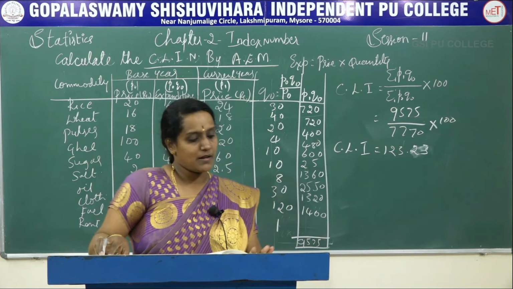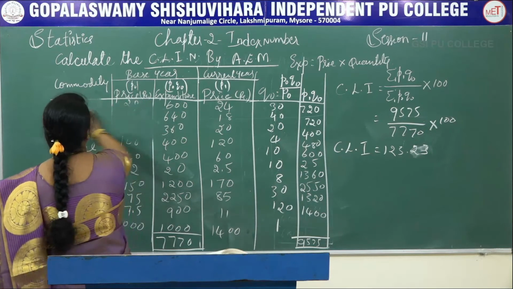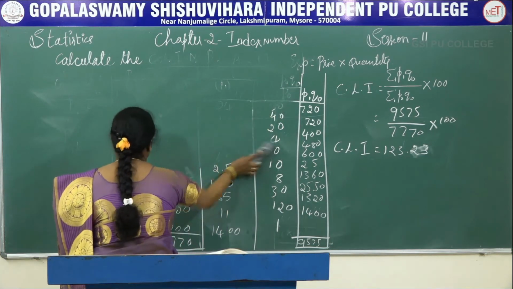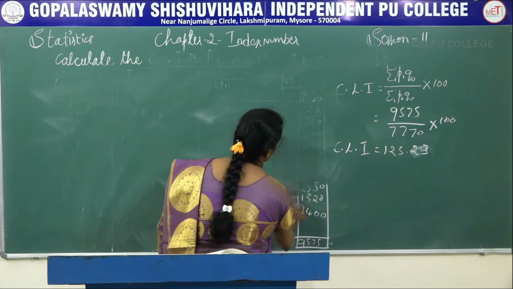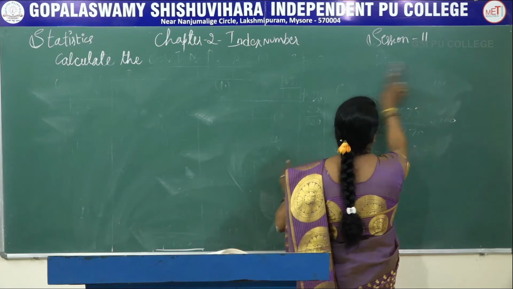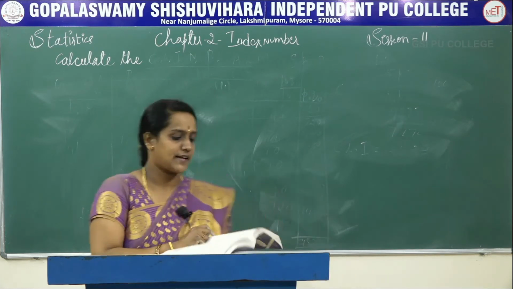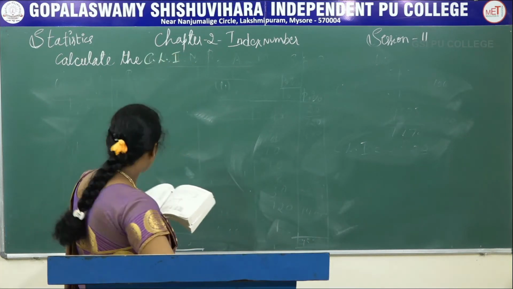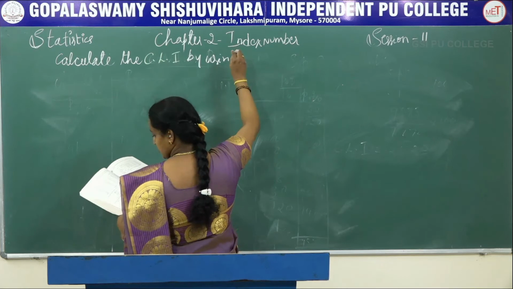And the next problem says we have to calculate cost of living index number by using the following data.